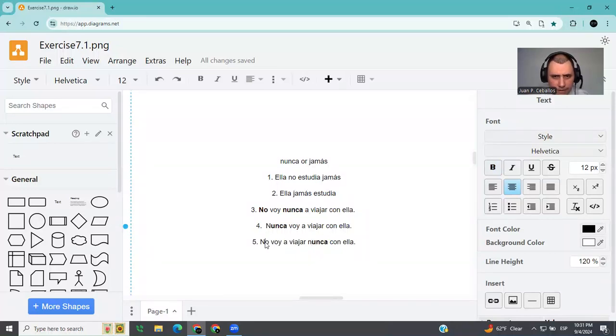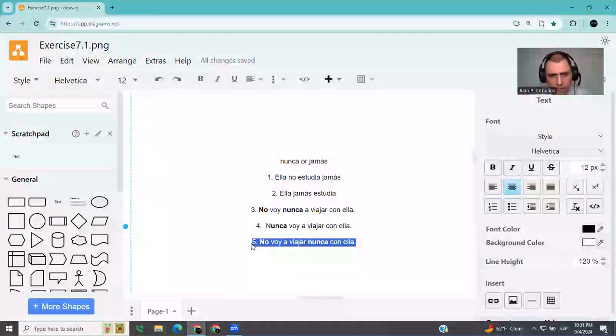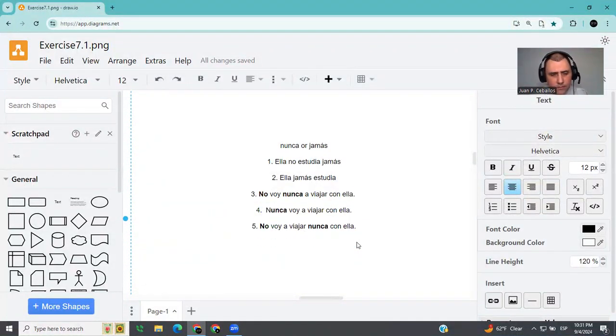So now we have two negatives, and we have nunca here. But I can also put it at the end of the sentence: no voy a viajar con ella nunca. So nunca is more flexible.